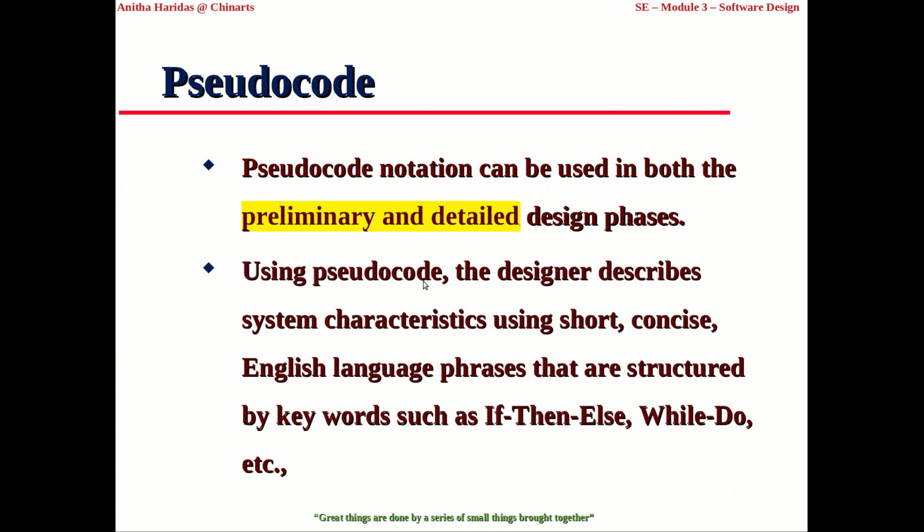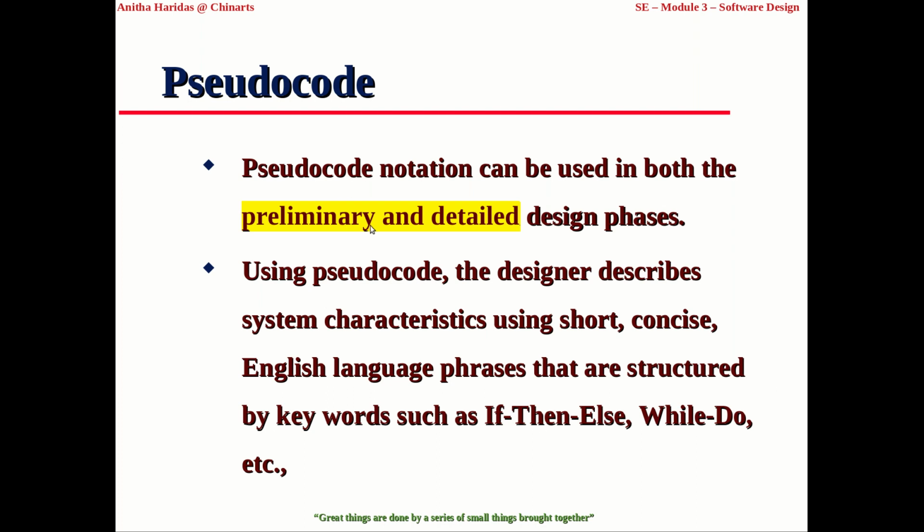Now when you take the pseudocode, like flowcharts, pseudocode can be used at any desired level of abstraction. So when you are getting into the details of each and every design, you can go for the pseudocode at any desired level of abstraction. So wherever you want to give some kind of programming notations, then you can go for the pseudocode.